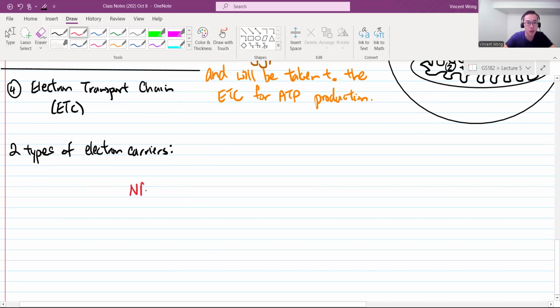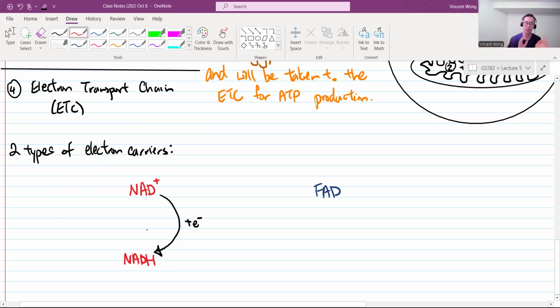So one of them is called NAD plus. Never mind what it stands for, because the name is really long. I'm never going to ask you for it. And then the other one is called FAD. Okay. There's no plus for this one. And what happens is the NAD plus can pick up electrons, and once it picks up electrons, it's going to become NADH. And now you might wonder, where does the H come from, right?